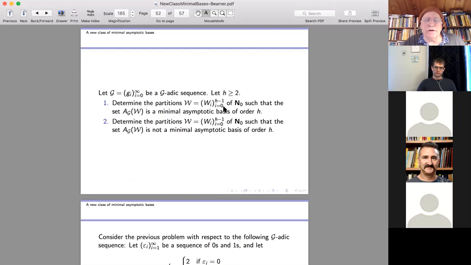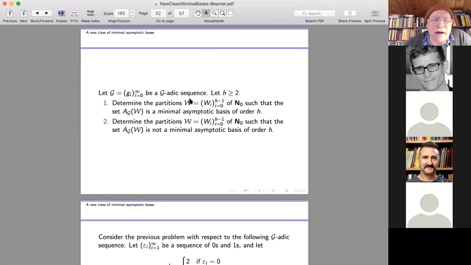So the theorem that I stated says that if each of the sets W_i contains infinitely many sets of consecutive integers, intervals of integers of a fixed length, then you get a minimal asymptotic basis. But most partitions don't satisfy that property.